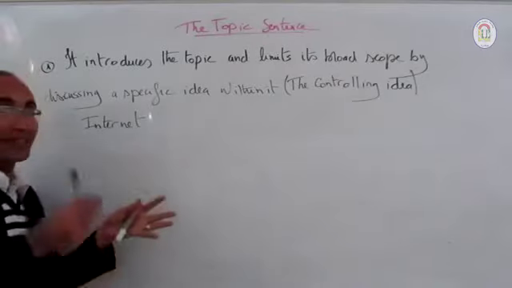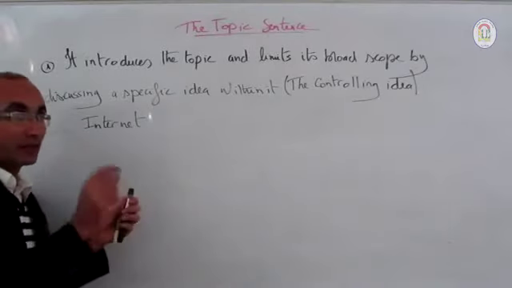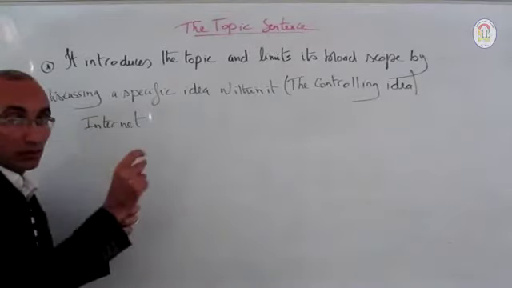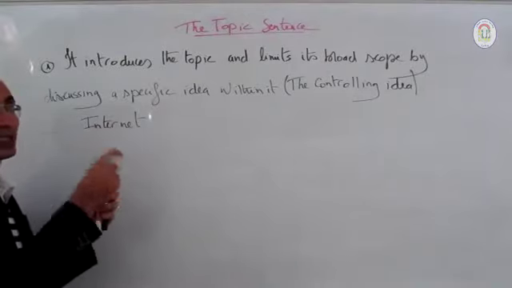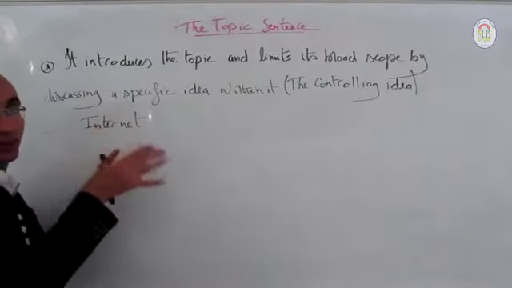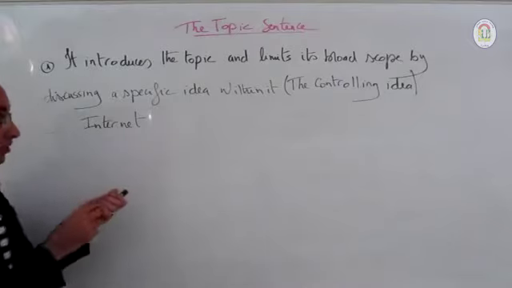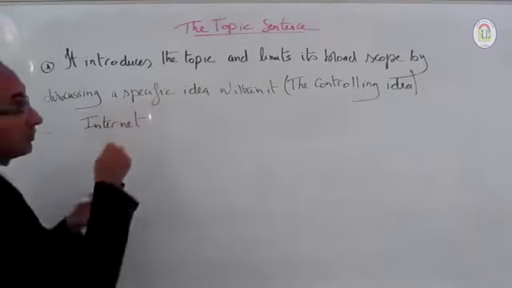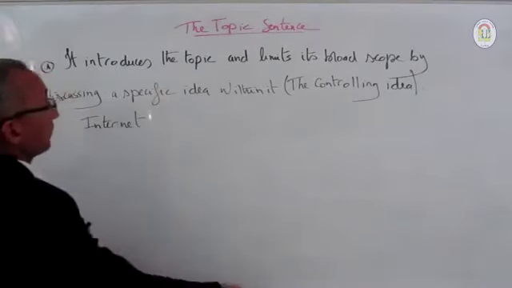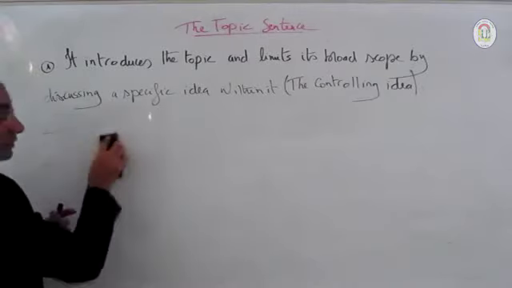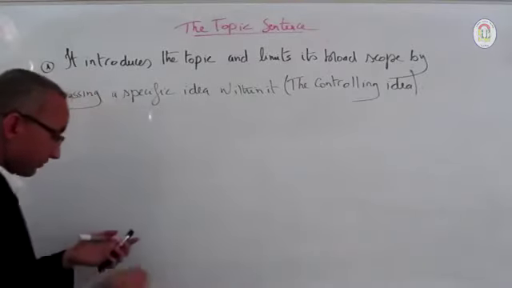We need to narrow the topic down by choosing a specific angle, a specific idea within that topic, and develop it. So here, normally our topic sentence should have this structure.